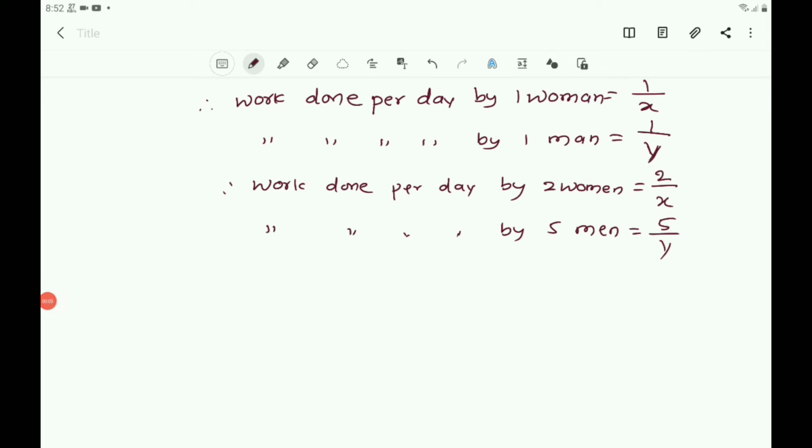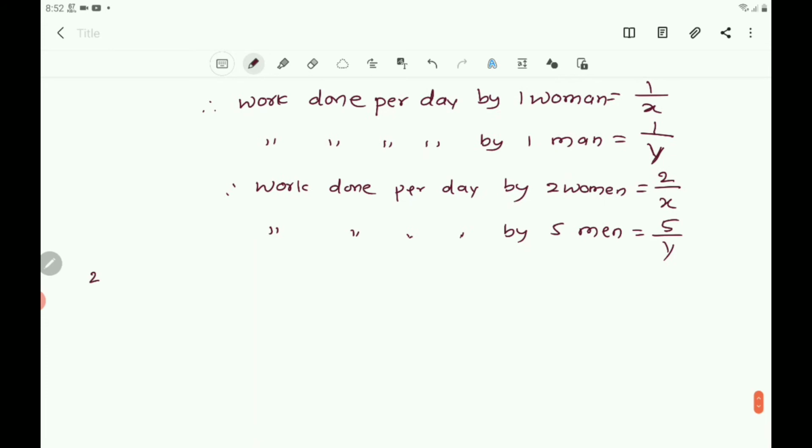It is given that 2 women and 5 men together complete the work in 4 days. 2 women and 5 men finish the work in how many days?